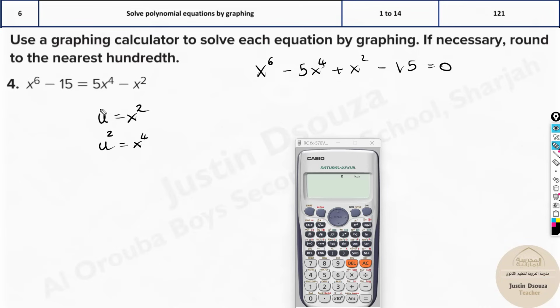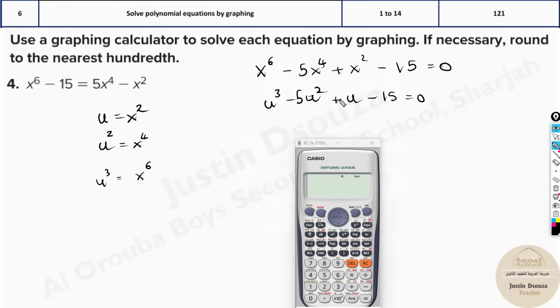Or take power 3 on both the sides. This will be u power 3. X squared, the whole power 3, 2 threes are 6. You can see now I can rearrange these coefficients and write it as u power 3 minus 5 u power 2 plus u minus 15 equals 0. Now if you're getting confused with this, don't worry, bear with me for some time. I'll do this method and then I'll show you another method.